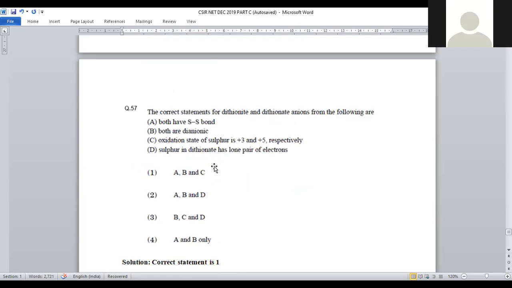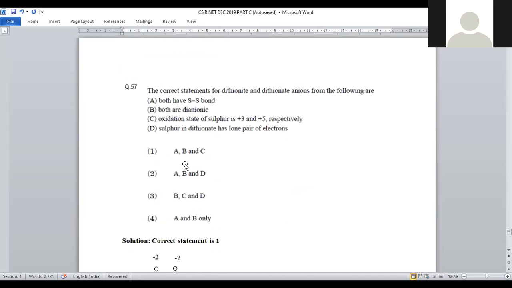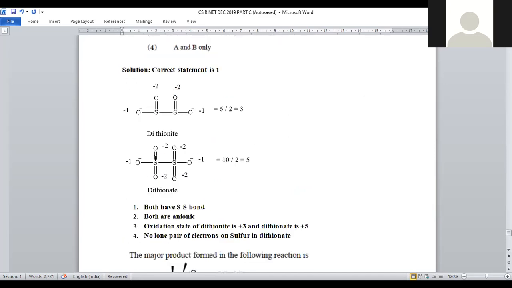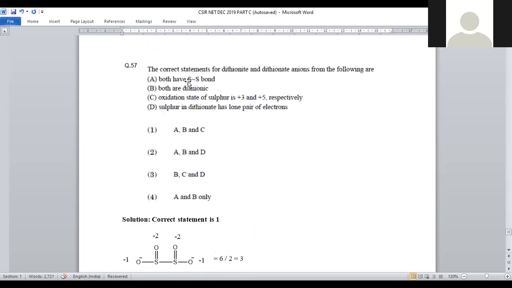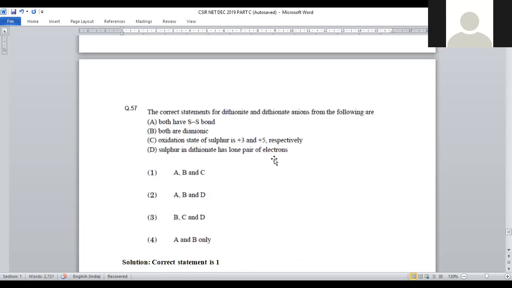Let us see which statements are correct. Both have an S-S bond, so that is a correct option. Both are dianionic, since the first has O minus and the second also has O minus, so this is also a right statement. The oxidation states of sulfur are +3 and +5 respectively, which is also right.